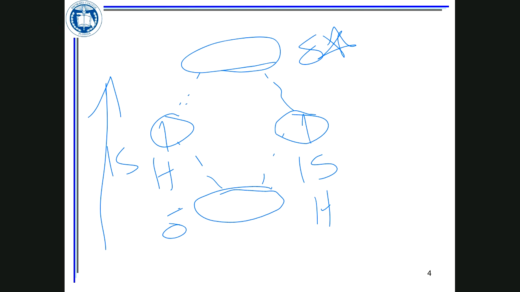I am adding two orbitals together. Addition of orbitals is linear addition. What does it mean? It means 1 plus 1 is 2. So one s orbital from hydrogen 1 and one s orbital from hydrogen 2 is going to give me two molecular orbitals. Only one of the molecular orbitals is the perfect one, the desired one.